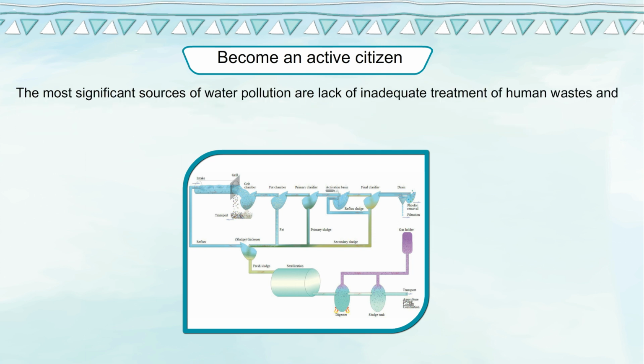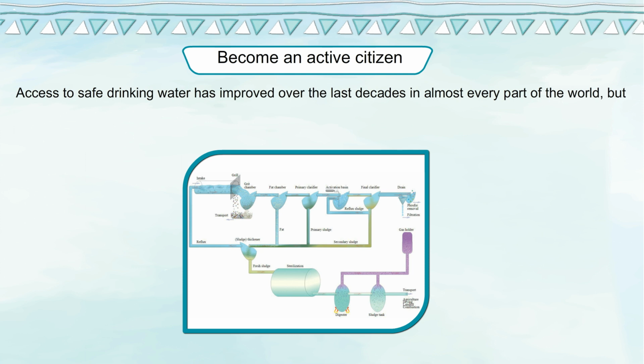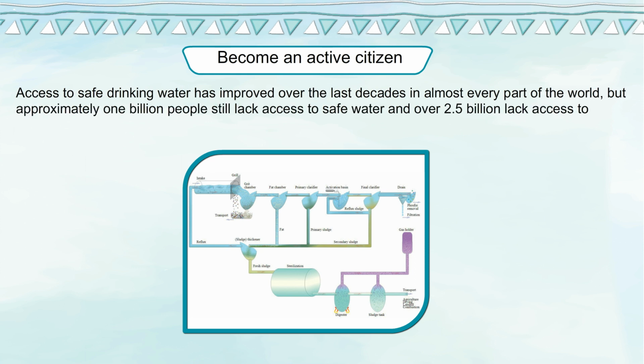The most significant sources of water pollution are inadequate treatment of human wastes and inadequately managed and treated industrial and agricultural wastes. Access to safe drinking water has improved over the last decades in almost every part of the world, but approximately 1 billion people still lack access to safe water and over 2.5 billion lack access to adequate sanitation.